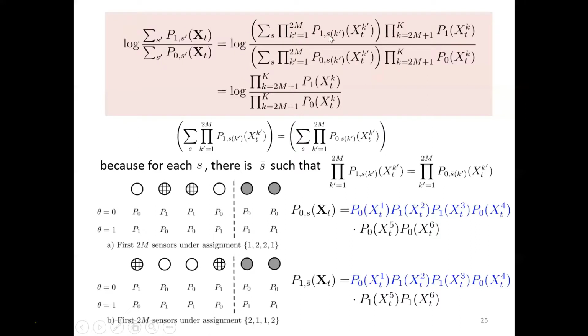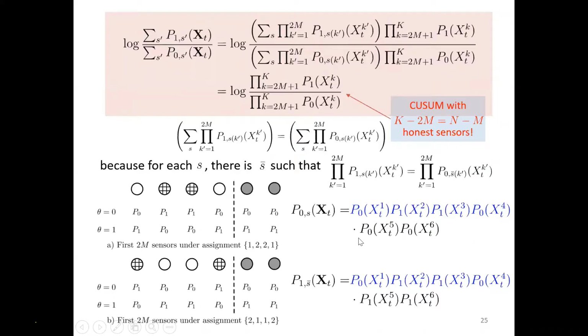We can show that these two terms are the same, so they can be cancelled out, and then the only thing left is the last n minus m honest sensors. So this will help us to establish the true scaling. I don't think I have time for showing this, but we can show that.